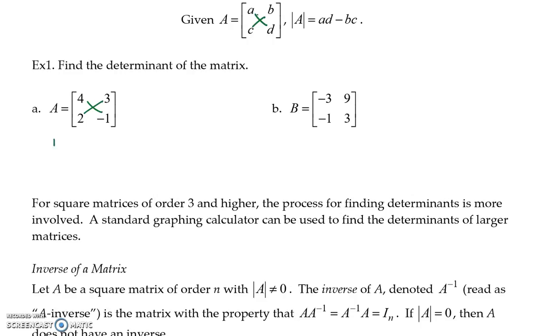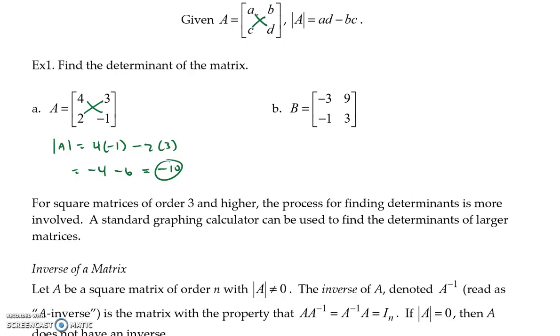So the determinant of A would be computed by first multiplying 4 and negative 1, and then 2 and 3, and then taking the difference. So in this case, that's going to be negative 4 minus 6, or negative 10. So the determinant of A is the number negative 10.